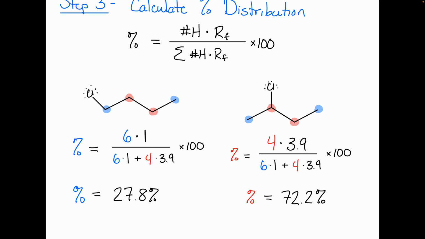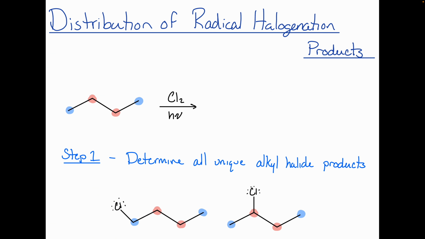So when we're talking about a distribution of our radical halogenation, I'm talking about what are my products. And then not only that, let me make some room.